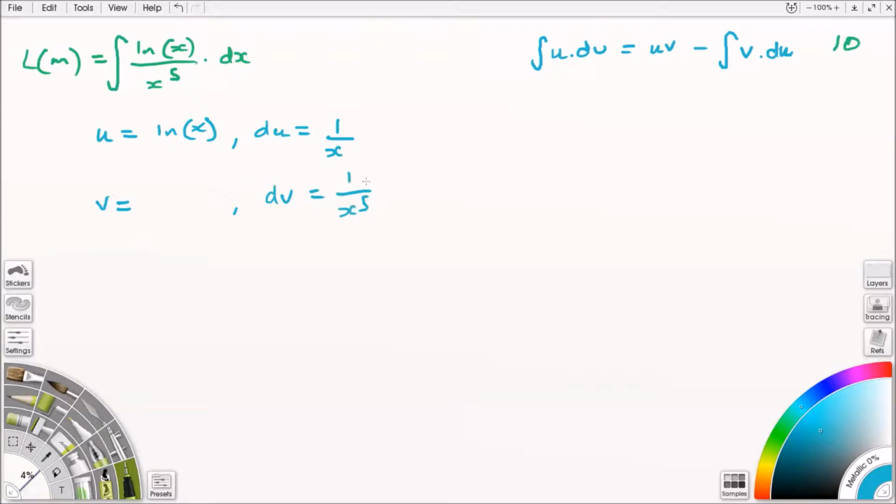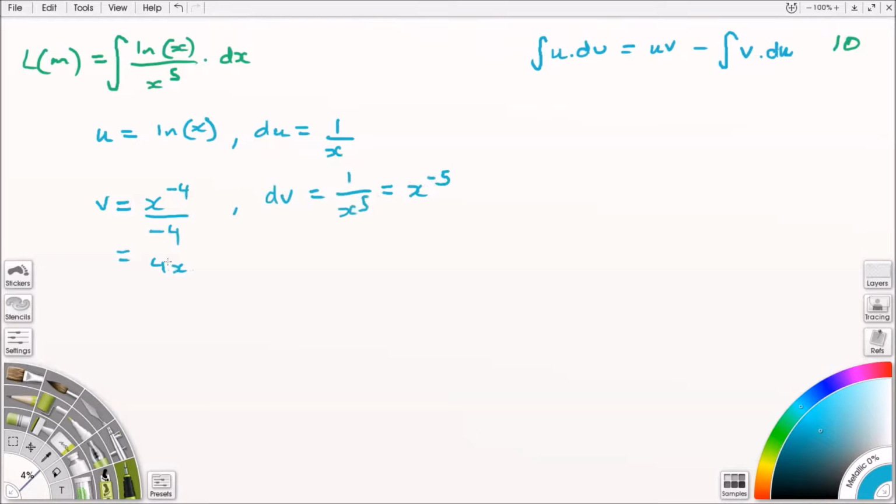When we integrate this, I'm just going to pull it up and make the power negative, so it's easier to integrate now. So x to the negative 4 over negative 4, which I'm actually going to further change.